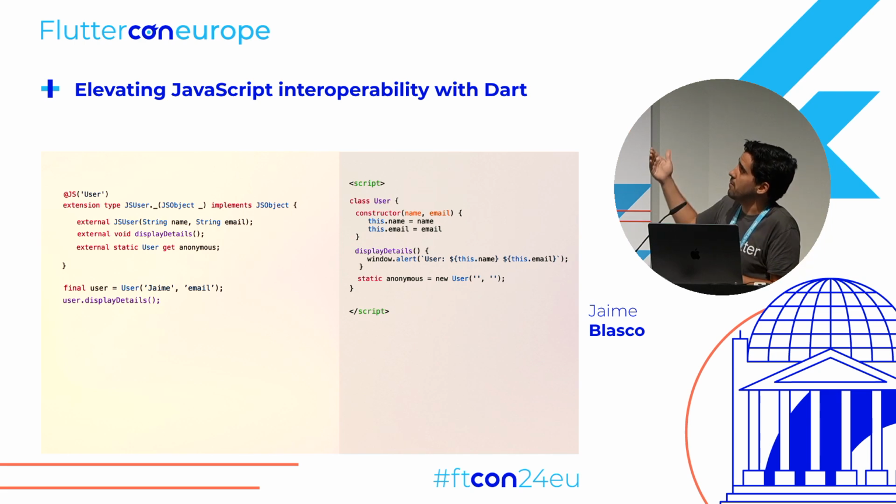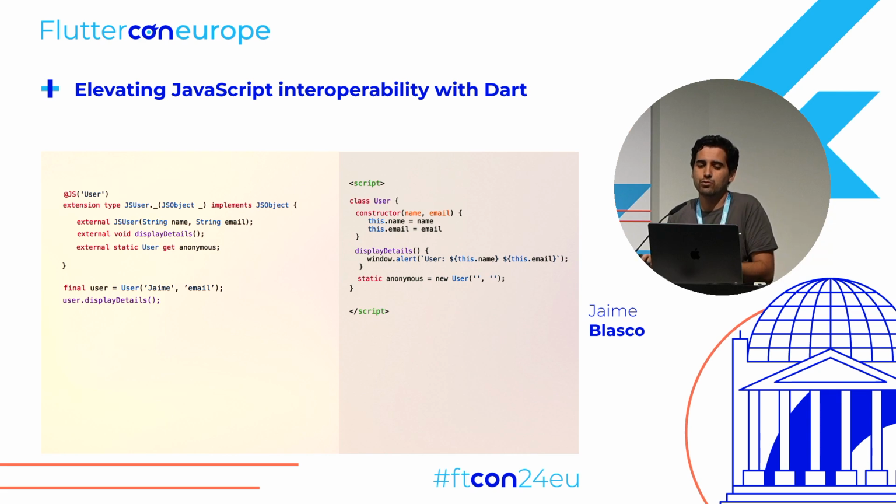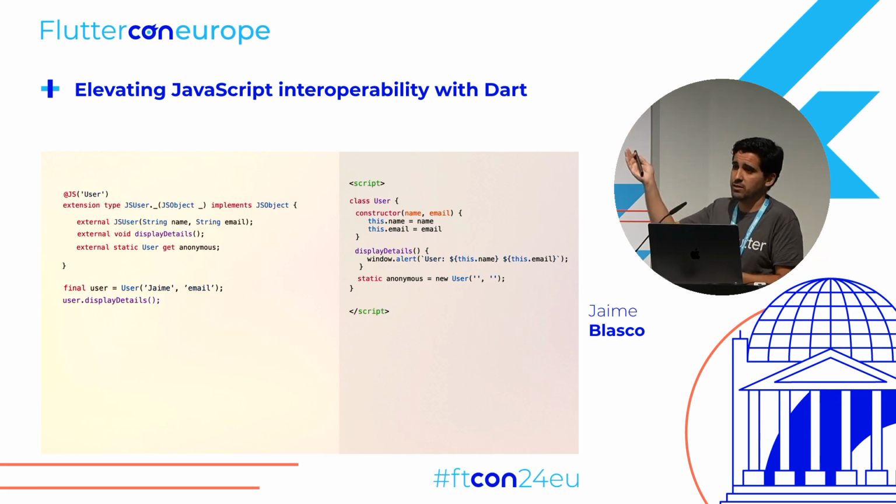We'll rename the variable, but we'll have to use the annotation and put the real name of the object in JavaScript, so the compiler understands you are referencing this object prototype. Something similar, like Flutter developers, we are more used to working with named parameters instead of positional parameters.